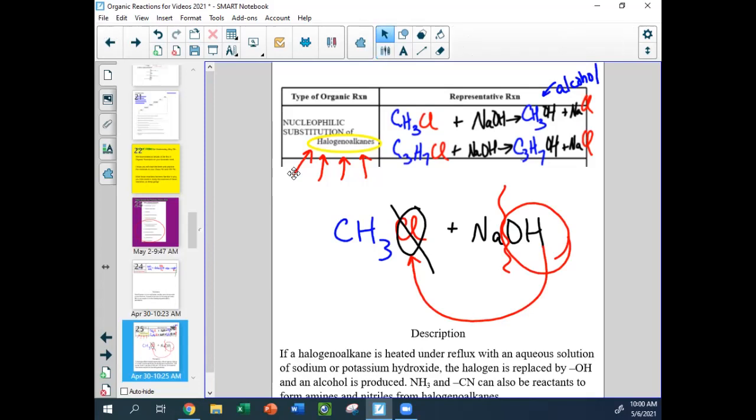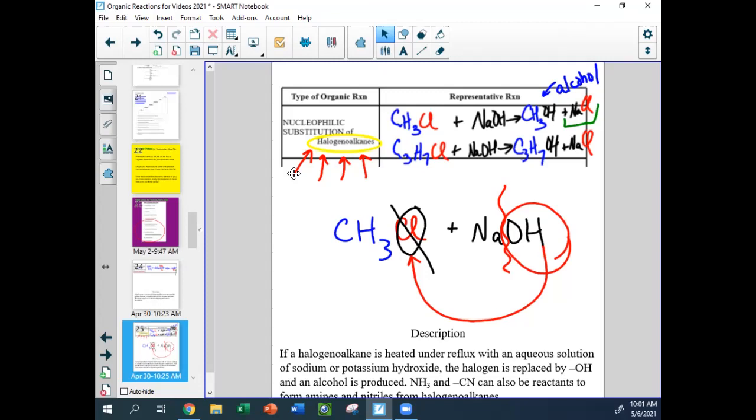And notice what has to go home alone. The sodium ion and the chloride ion come together to form salt. Nucleophilic substitution is where the halogen is pulled off of the halogenoalkane and the OH from the sodium hydroxide is put on.